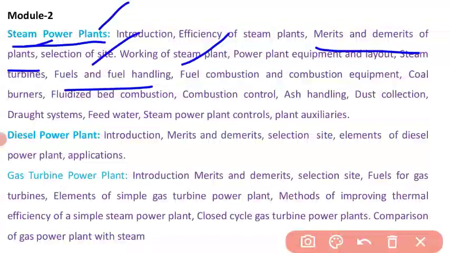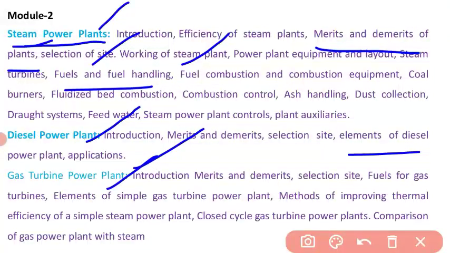Next power plant is the diesel power plant. Here: introduction, merits and demerits, selection of site, elements of the diesel power plant and applications. Next power plant is the gas turbine power plant.